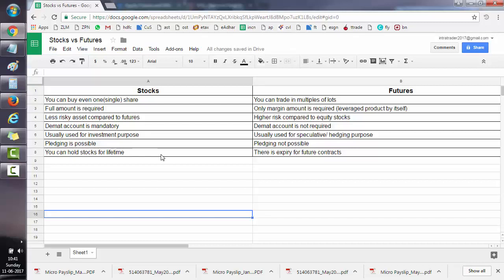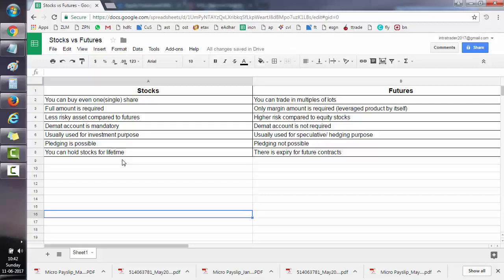So in general, the real purpose of equity stocks is investment. Now, equity futures or any future contract exist for you to reduce the risk in a portfolio. By the nature of future contracts, they should be used only for hedging purposes or for speculation. Speculation means you're just predicting what the price is going to be in a certain period of time.